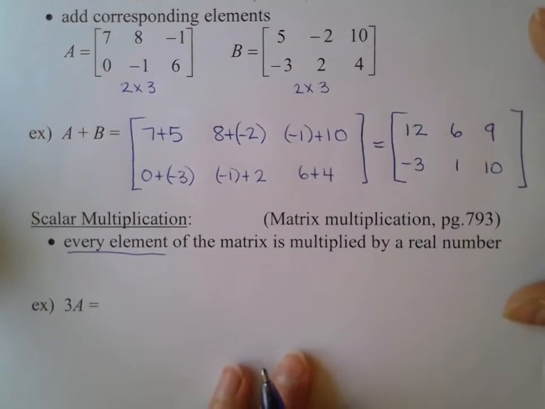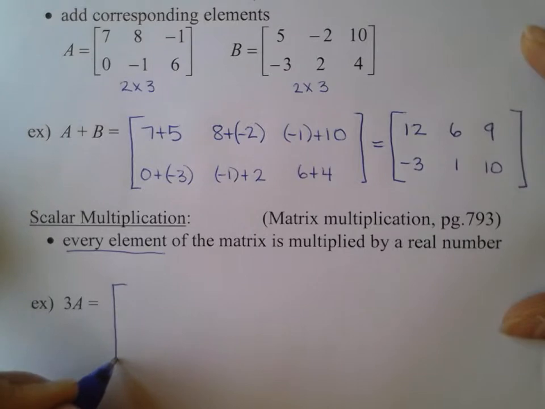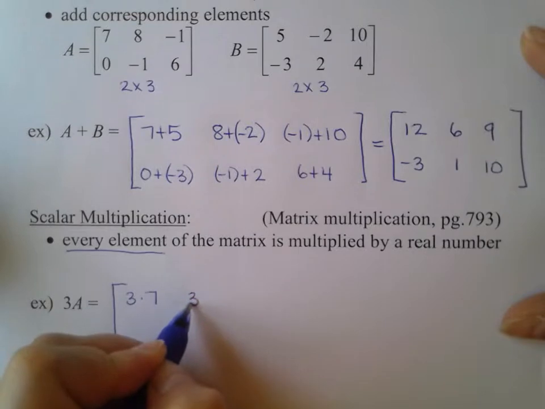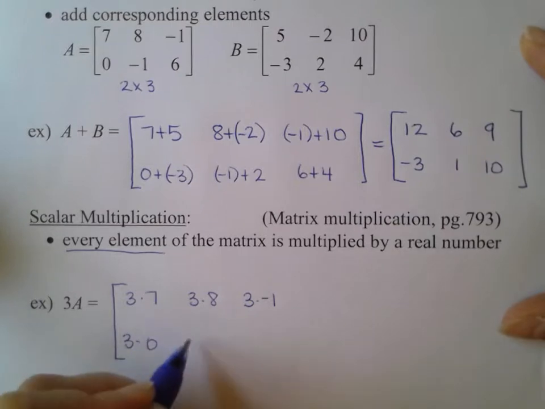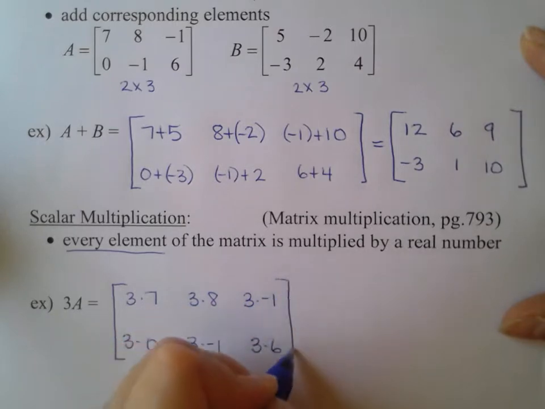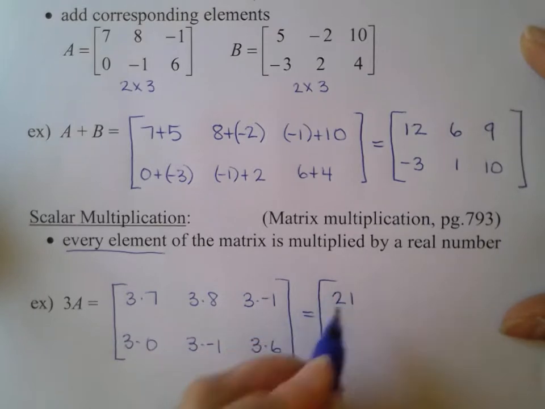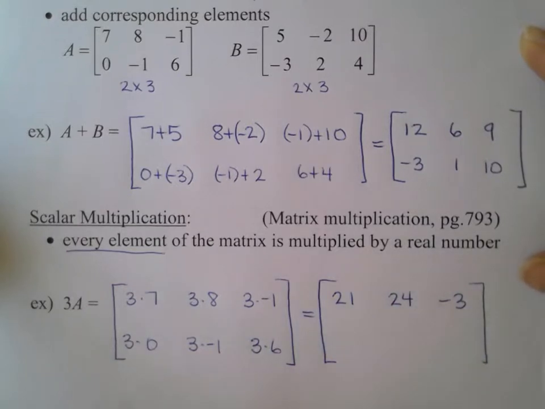So I'm going to multiply all the elements in matrix A by 3. So that means, I'm referencing this matrix up here, I'm going to do 3 times 7, 3 times 8, 3 times -1, 3 times 0, 3 times -1, and 3 times 6. And I'm going to end up with 21, 24, and -3 in the first row, and then 0, -3, and 18 in the second row.